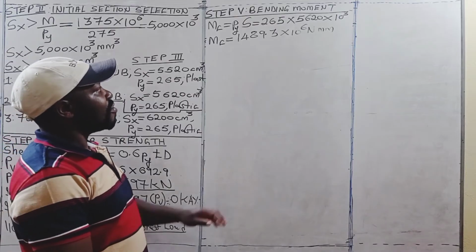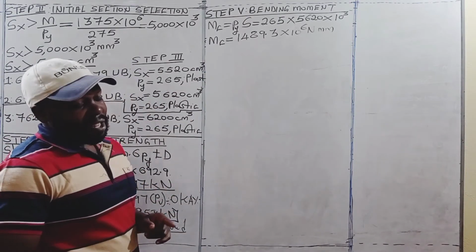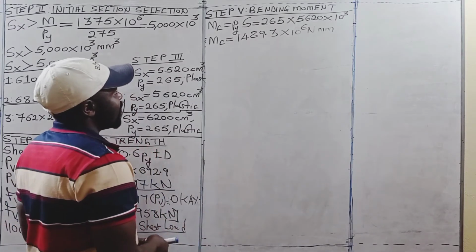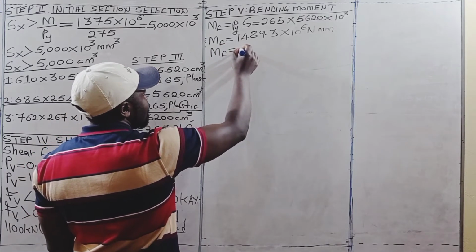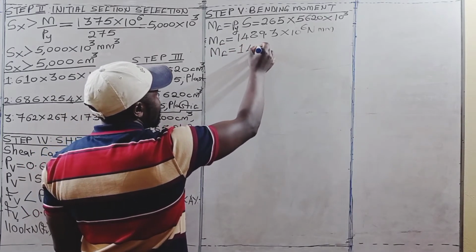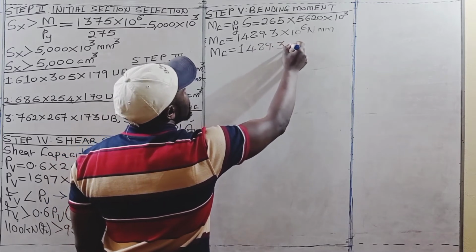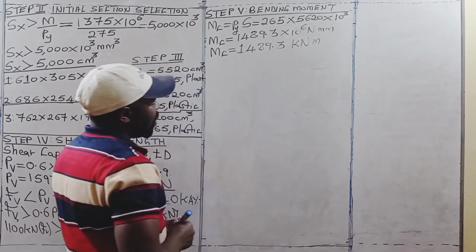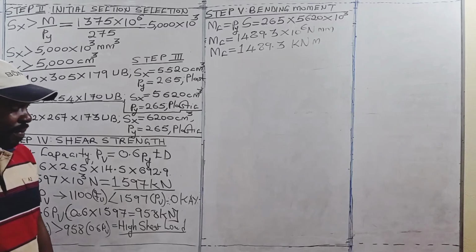Therefore, we are going to divide it by a million, since 1 kilonewton meter is equivalent to a million Newton millimeters. When we do so, we are going to have a moment capacity of 1,489.3 kilonewton meter. Therefore, that is the moment capacity of this section.